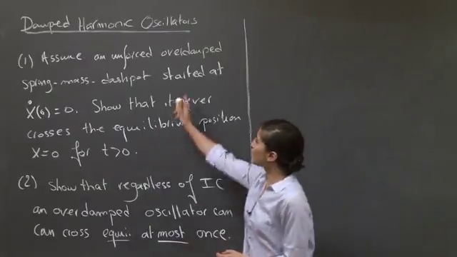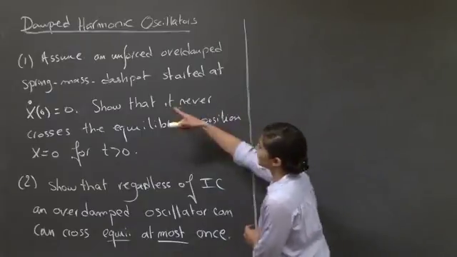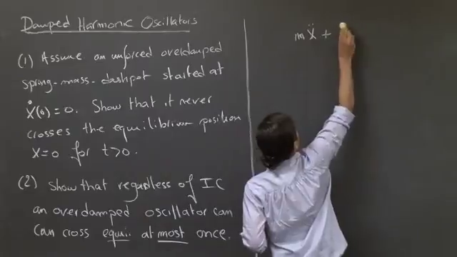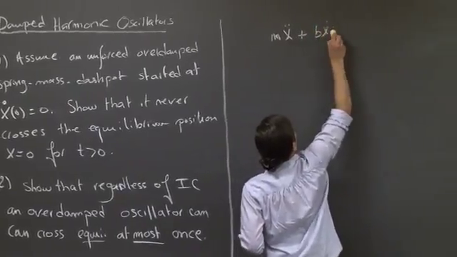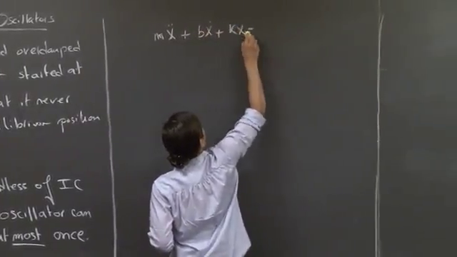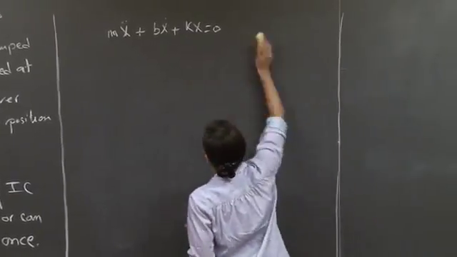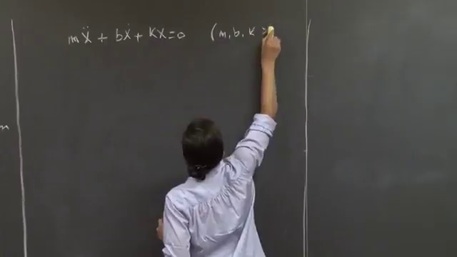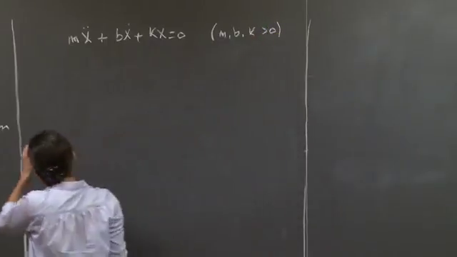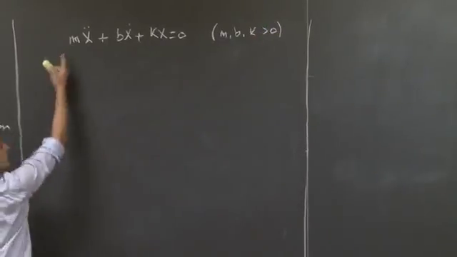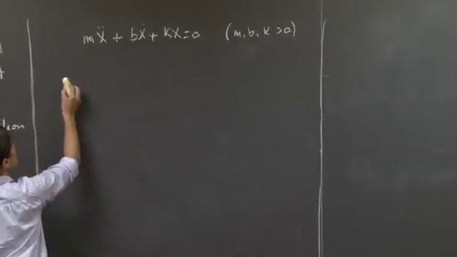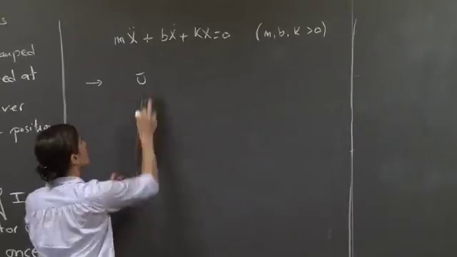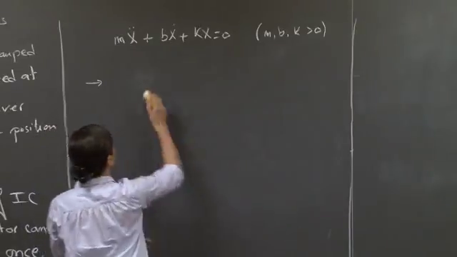Welcome back. Okay, so the system that we're looking at is a spring mass dashpot. That would be written in this form, a second order differential equation. Let's assume that we have positive constant coefficients here. And basically, to solve this, you would be considering the methods that we saw before.